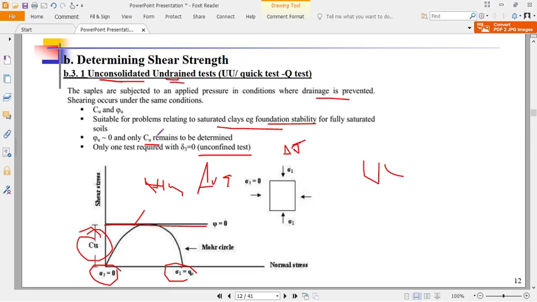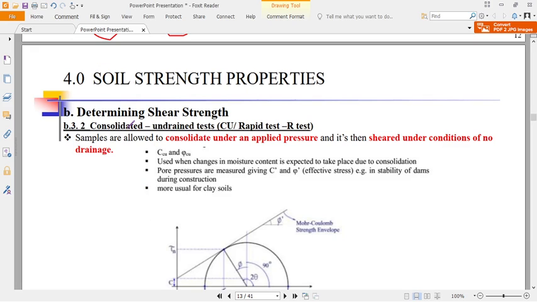Is that okay? Until normal consolidation occurs. Now, when the consolidation stops, then you apply the axial load, what we call the compression loading. Is that okay? Or what we call the deviator stress, or the loading, the P. This one here, we apply the axial load until the failure occurs. Is that okay? So when that failure occurs, you can now put rho 3 and rho 1.